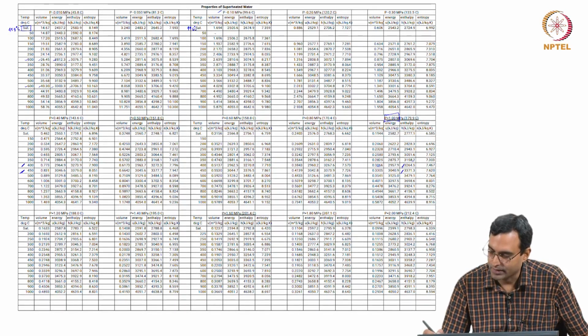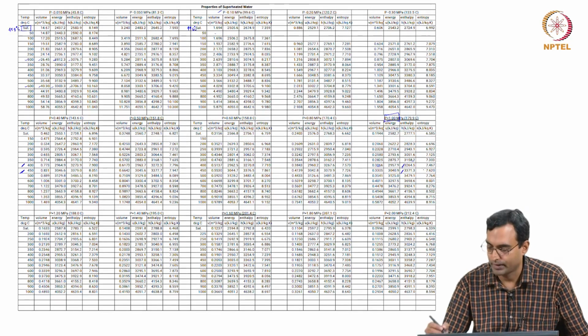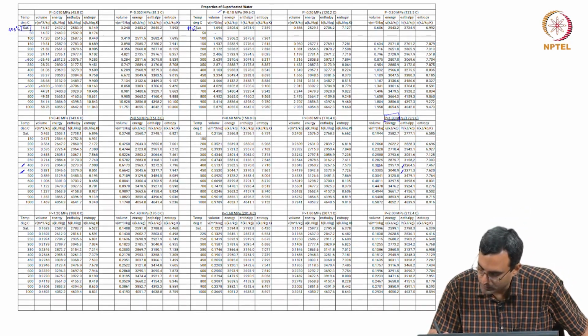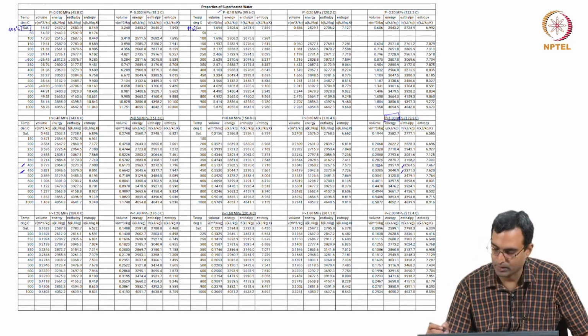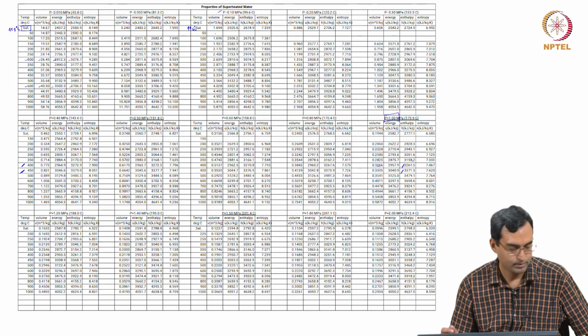And what I am also interested in is to find out what is the work done. Or maybe I will do this anyway. So, I have 3264.5 and 3371.3, 3264 and 3371.